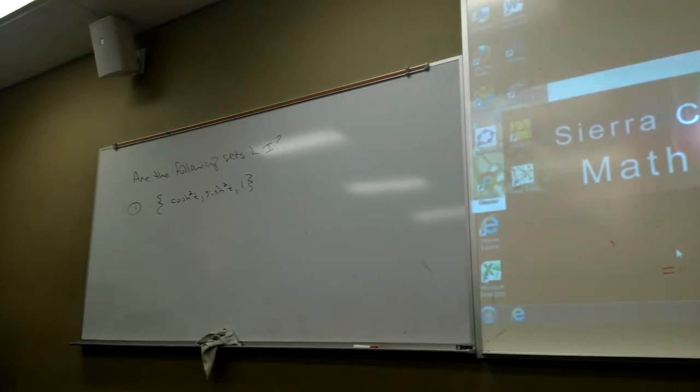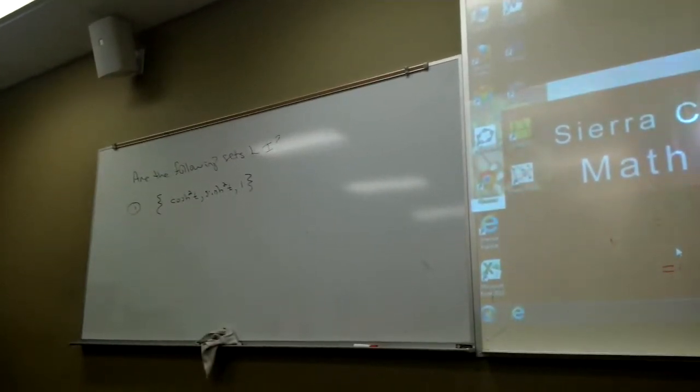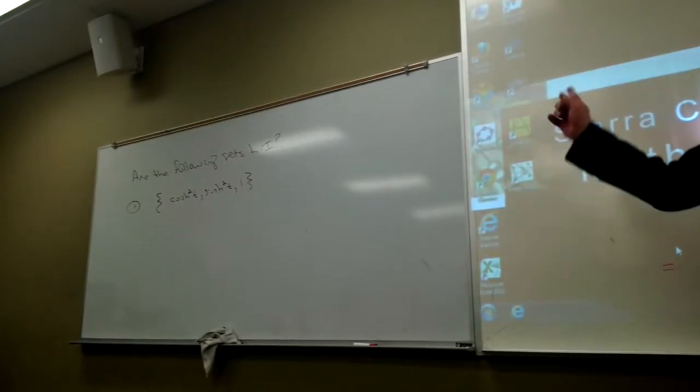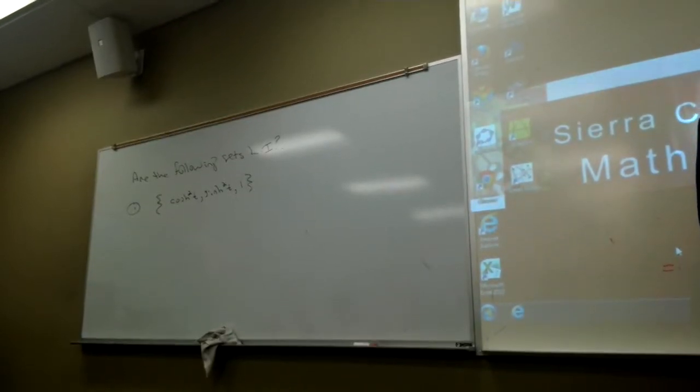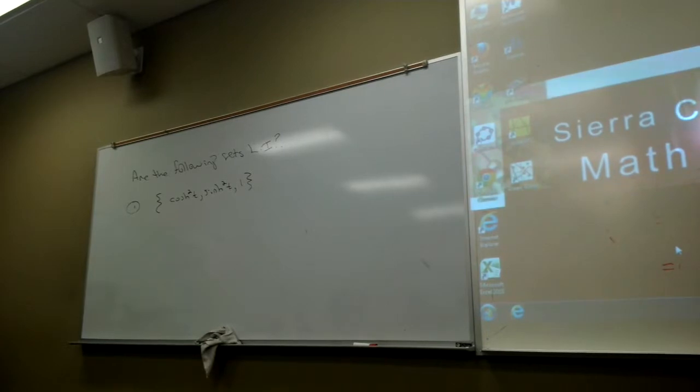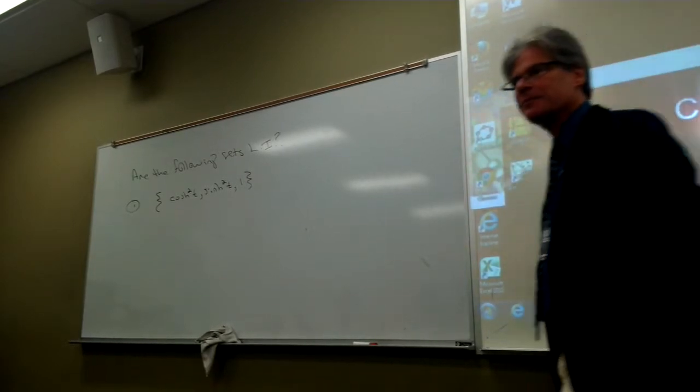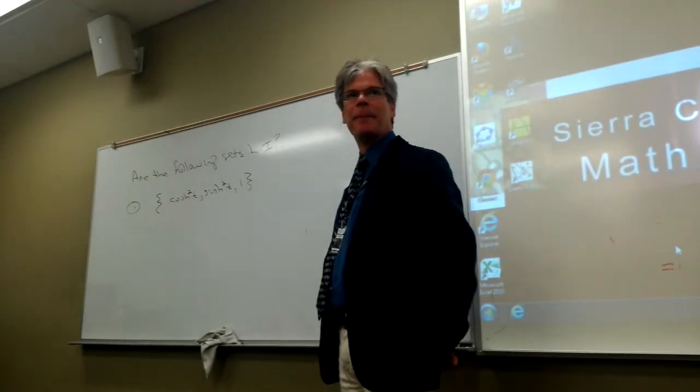Hyperbolic cosine squared minus hyperbolic sine squared is what? One. Yes. Since hyperbolic cosine squared of t minus hyperbolic sine squared of t is equal to 1, that set is definitely dependent. Dependent, not independent.